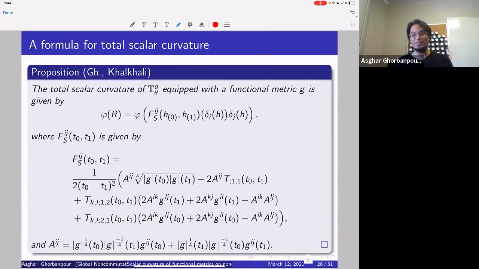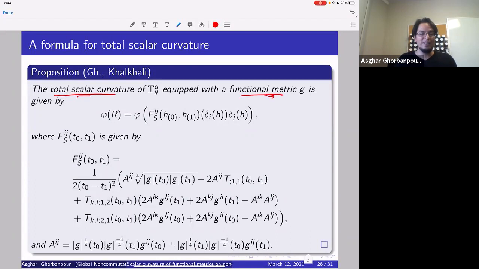And we can go ahead a little bit more. We can find the integral of the scalar curvature. Well, in the classical case, that's the integral. Here we can find phi of the integral of the scalar curvature, which is usually called the total scalar curvature. And here we can calculate this again for all the functional metrics actually.